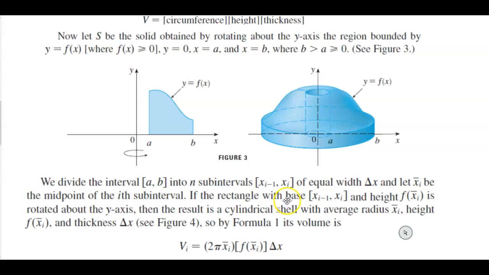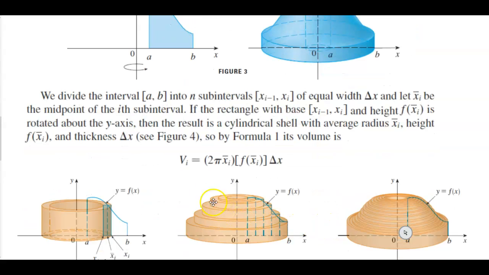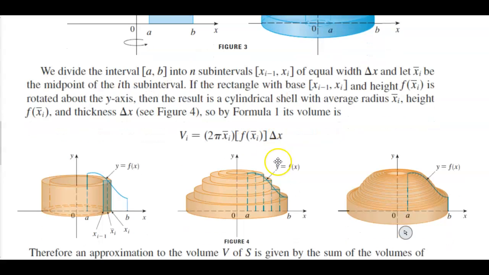If the rectangle with base from x i minus 1 to x i and height f of x-bar i is rotated about the y-axis, the result is a cylindrical shell with an average radius, a height, and a thickness. So by formula 1, its volume is V i equals 2 pi x-bar i times f of x-bar i times delta x: there's your circumference, your height, and your thickness.